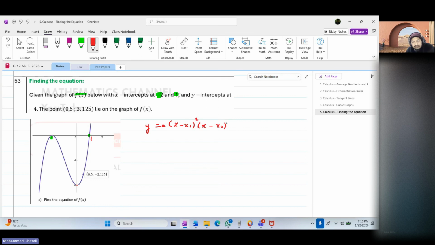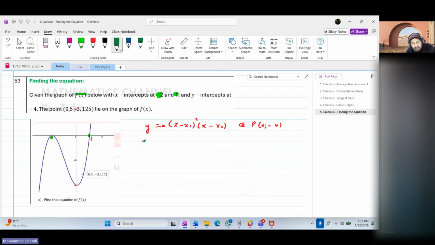So twice here. And the point P that I'm using is (0, -4), the y-intercept, okay? You can also use the other point, which is (1/2, -3.125), but that will be more difficult to substitute and solve.